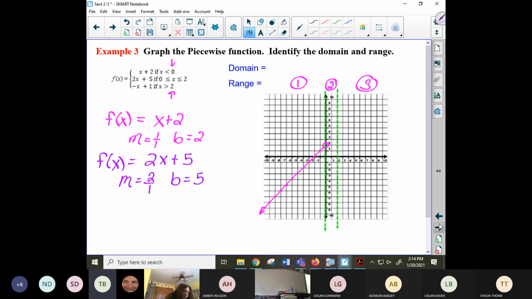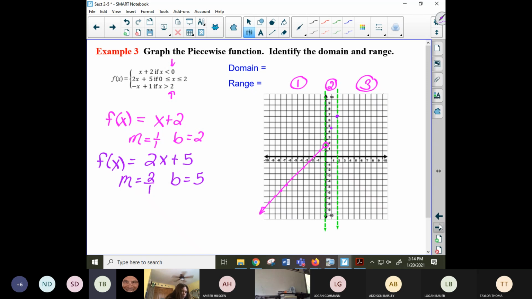And notice here on both sides, we have closed. So that one I really don't have to worry about right now. But my slope should be up 2 over 1, and that would be closed on that green line. I could keep going, but I don't really need to go into region 3.